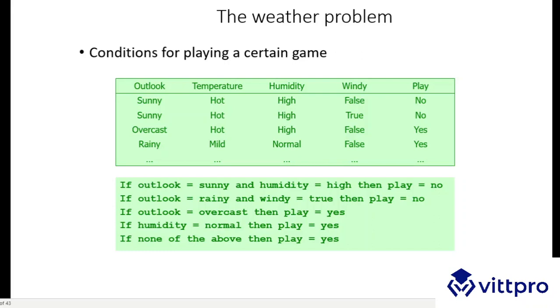If outlook is overcast, then we play. If humidity is normal, then we play. If none of the above, then we also play. There are these kinds of conditions, right? So you can use these association and pattern recognition problems to identify whether you should play the match or not.